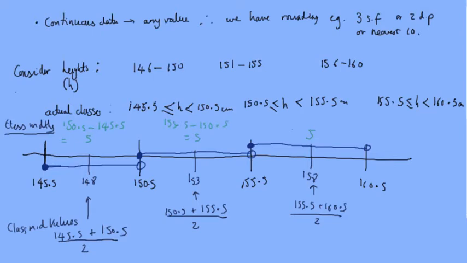Now, when we've got this kind of data, the best way to deal with it and to look at the data, this kind of continuous data, is in a histogram. So let us look at histograms in more detail.